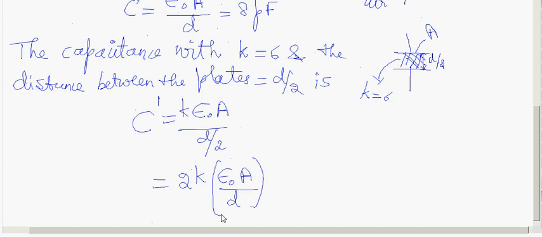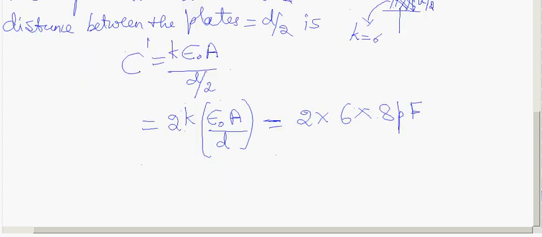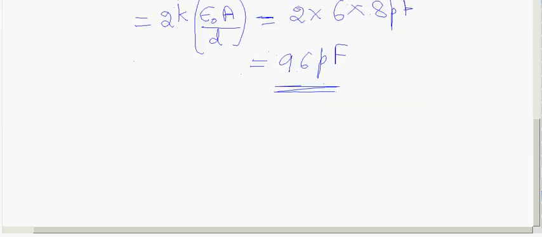So substituting all these values, 2 into 6 into 8 picofarad, it comes to 96 picofarad. So C dash is 96 picofarad.